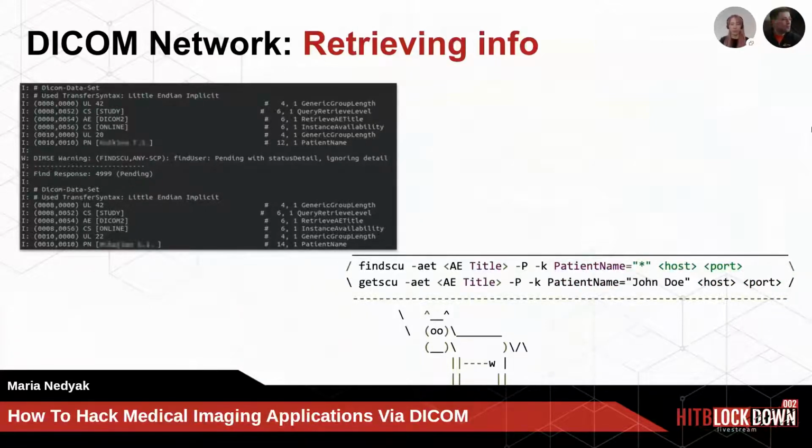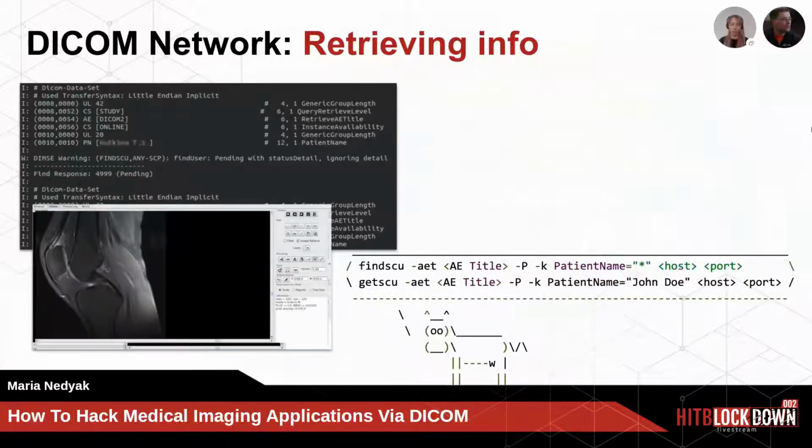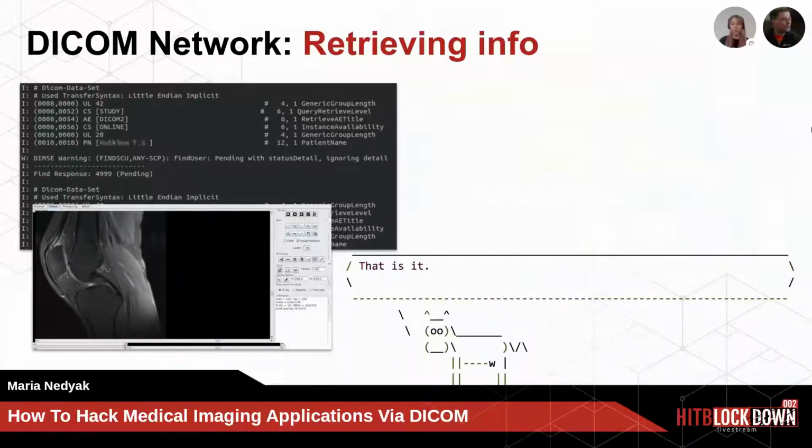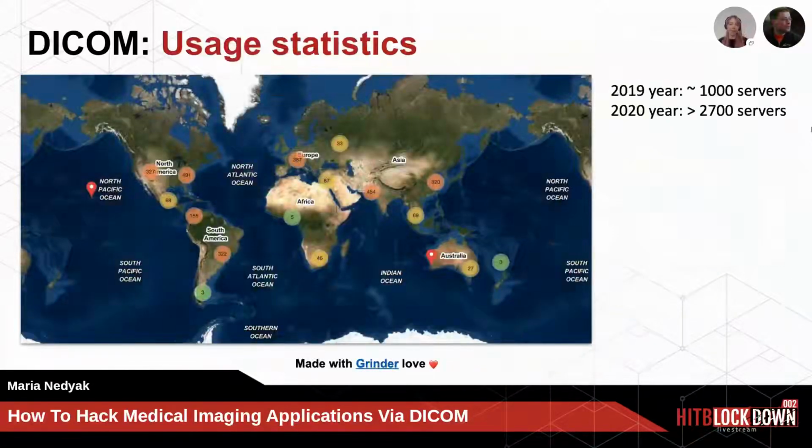Then you pick a specific patient whose survey you want to download, and you create a request with the getscu command with the patient name, and with this command from the slide you will download the patient's full survey, and that's it.